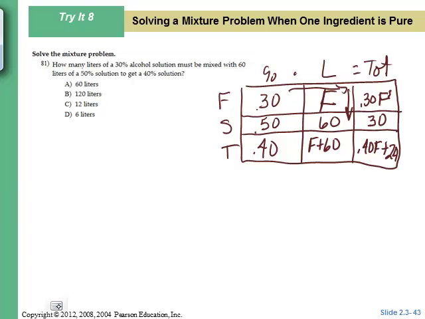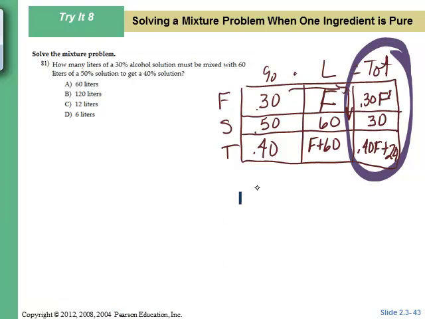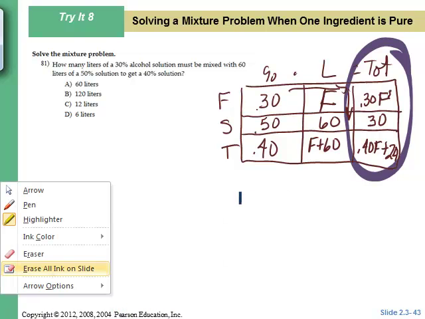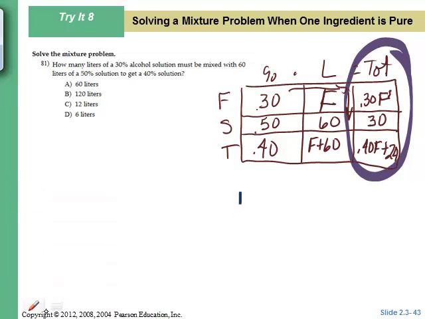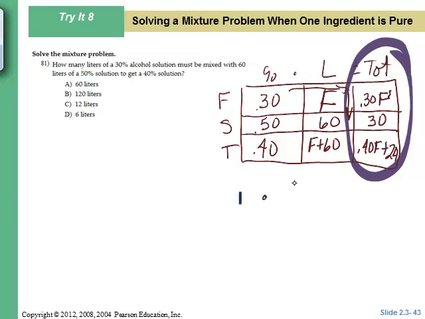So our important equation is going to come from this last spot here. Let's write it down. I'm going to change colors of ink. 0.30F plus 30, that's these two added together, is going to equal the last one, 0.40F plus 24.